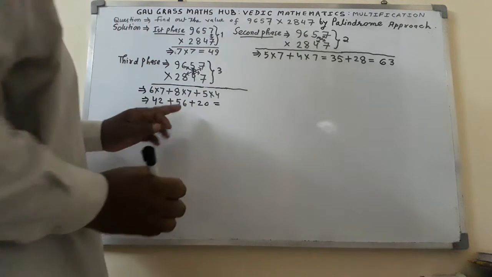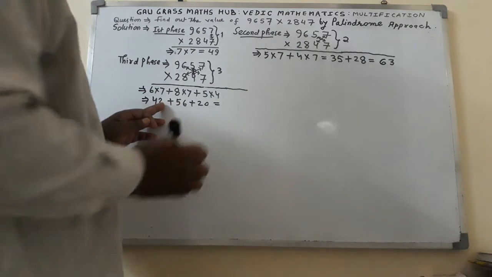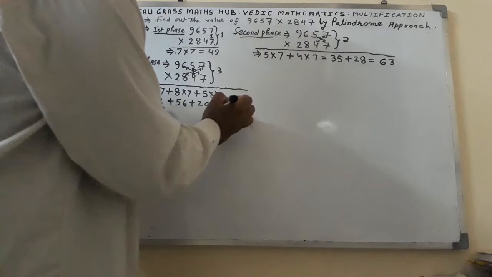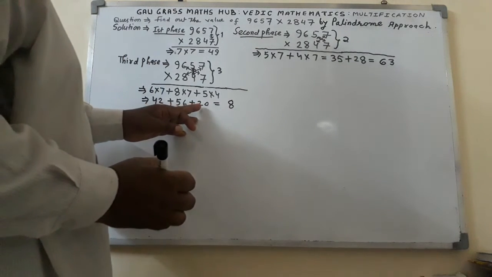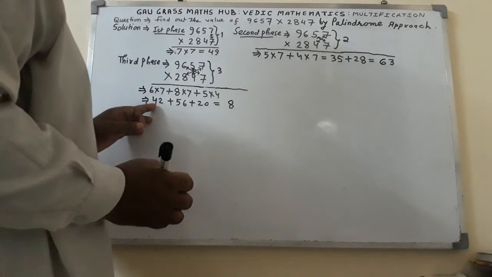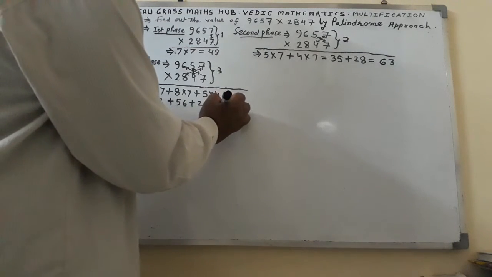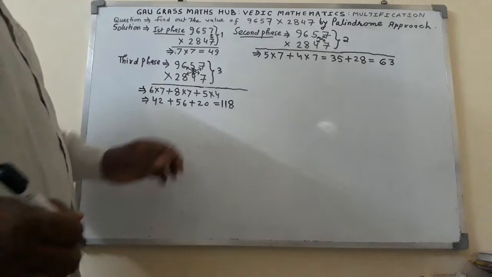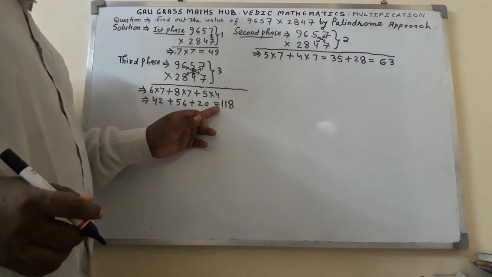You will get here 6 plus 2 is 8, 5 plus 2 is 7, 7 plus 4 is 11. So this thing you have got 1 0 1 8.